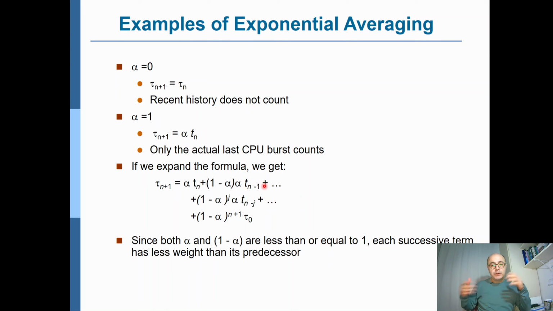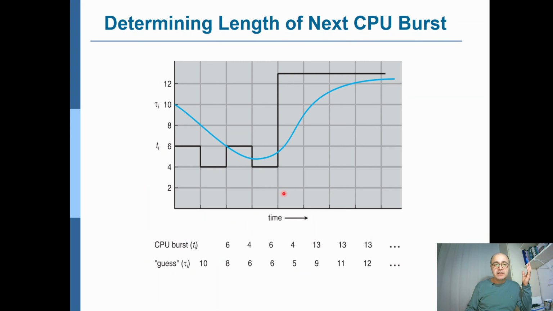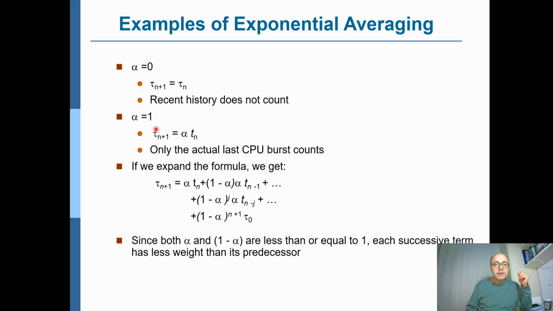And if you substitute all these, you will end up with this formula, which is finally based on tau 0, which was my initial estimation based on nothing. I just made it up. So in the previous case, remember that tau 0 was 10. It's just something I made up.